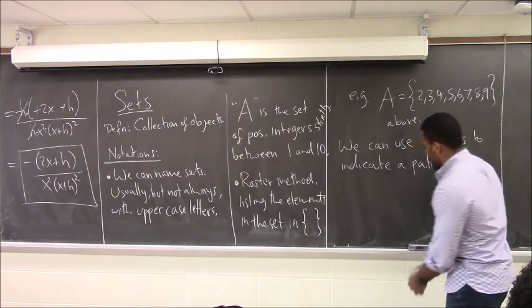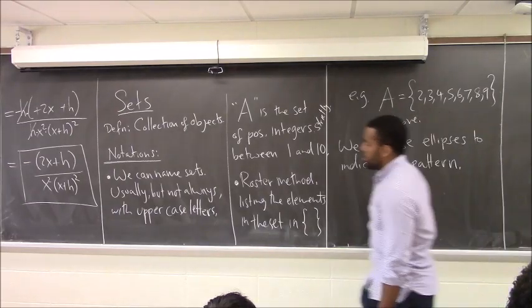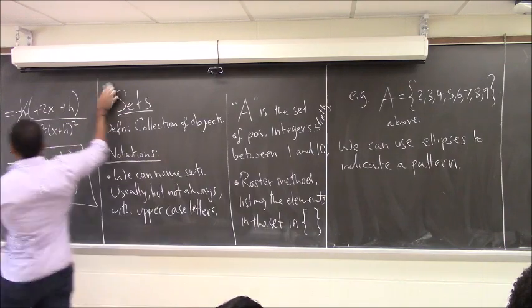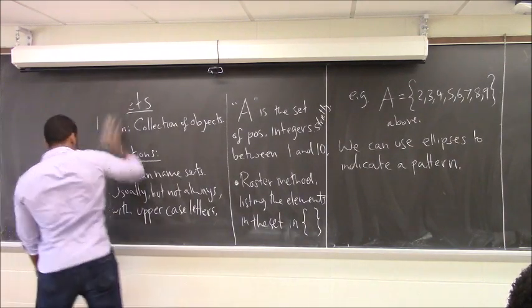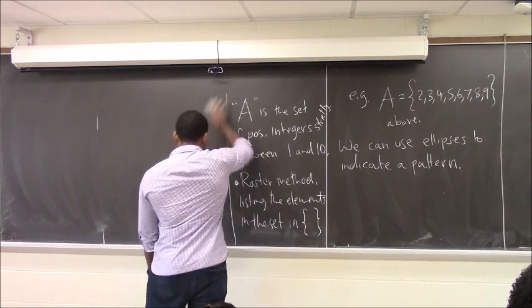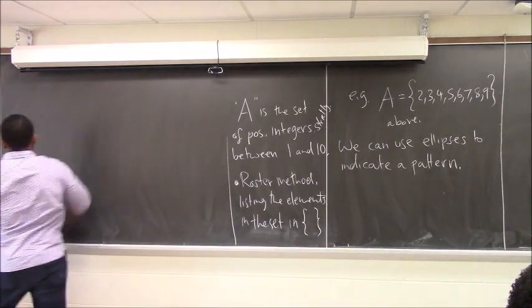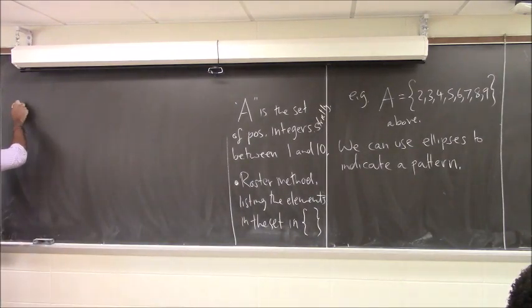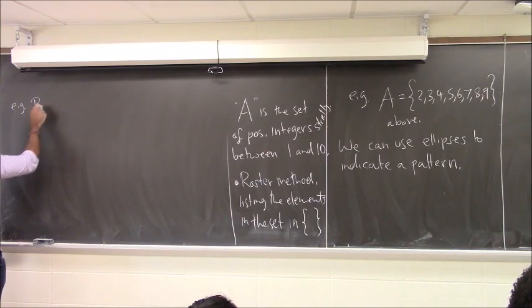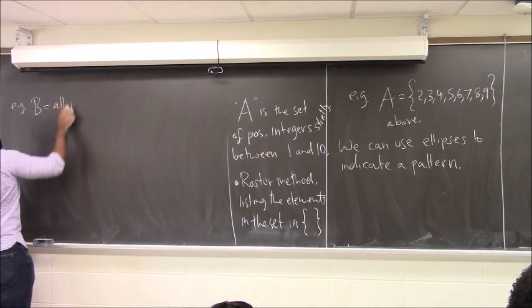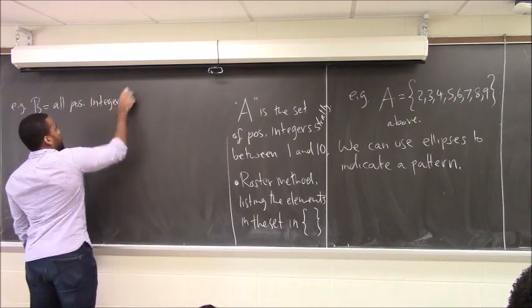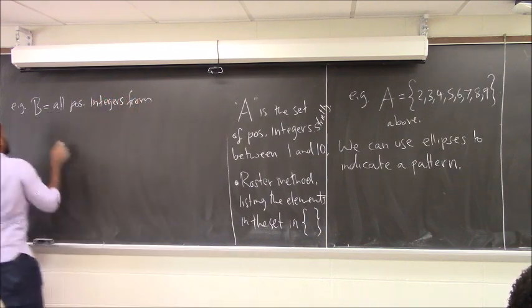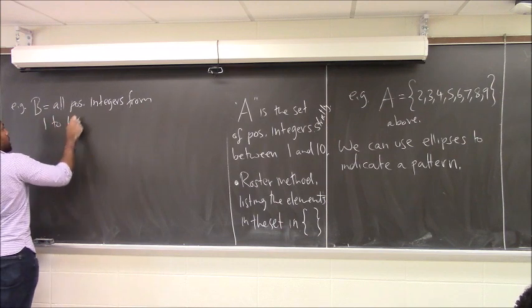You can use ellipses to indicate a pattern, and this usually happens if it's impossible for you to list everyone or you just don't feel like it. So, for example, here I can say B equals all positive integers from 1 to 1,000.